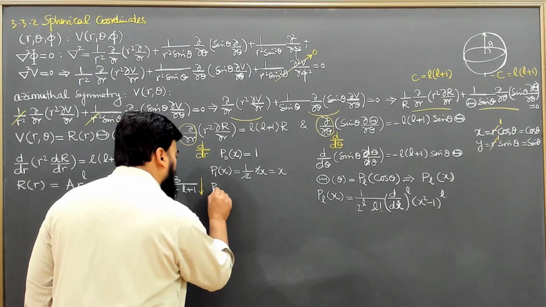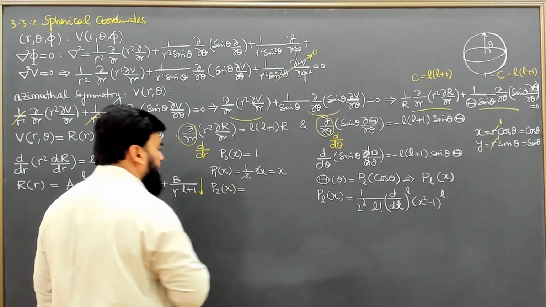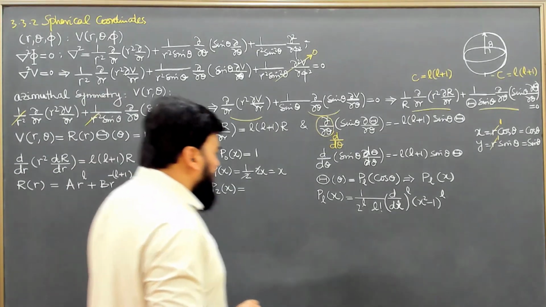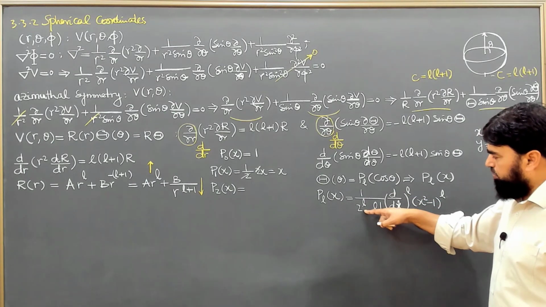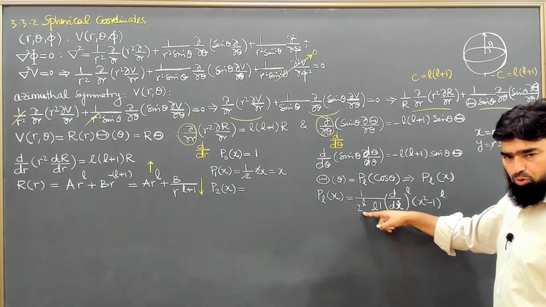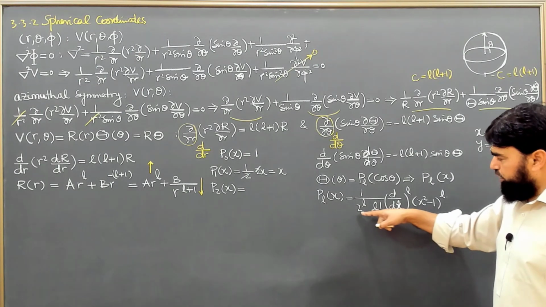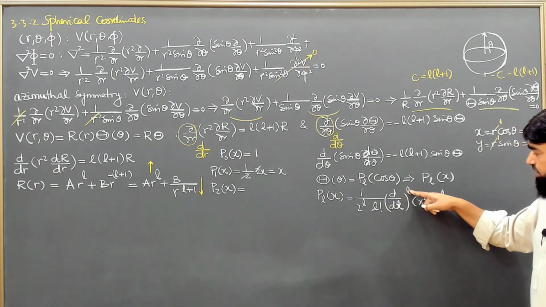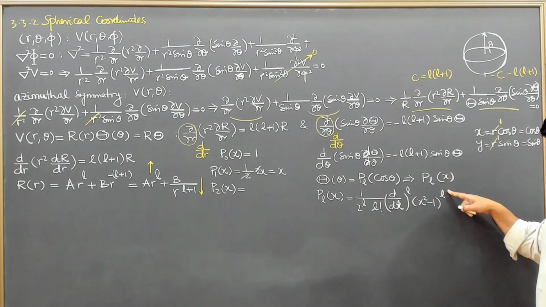Similarly, you can calculate very easily P2 of x. P2 of x will become 1 over 2 to the power 2, so it is 4, into factorial 2, which is 2, so 2 into 4 will be 8, we will have 1 over 8. Then the second order derivative of x square minus 1 to the power 2.